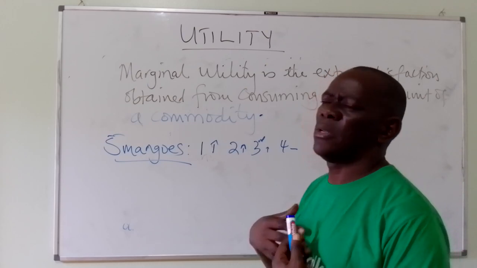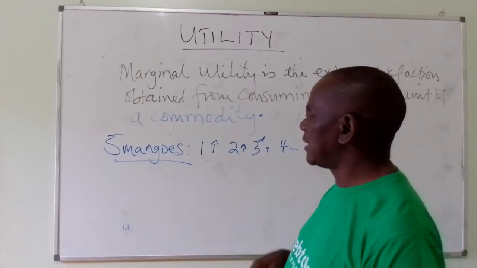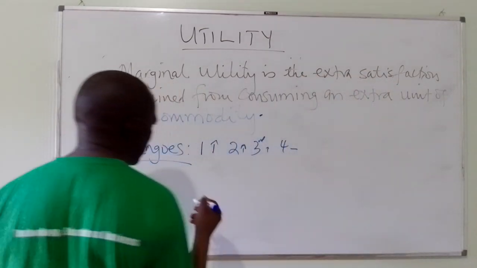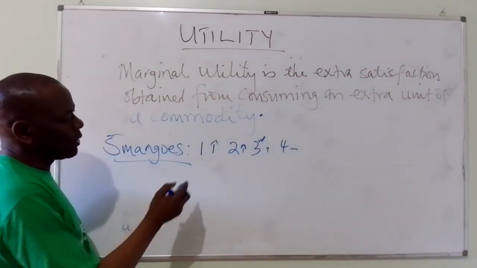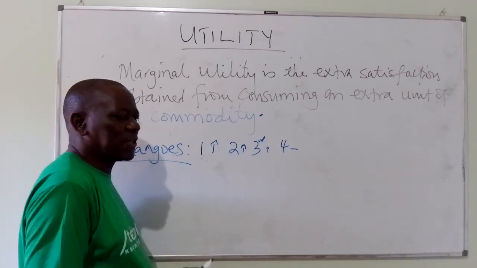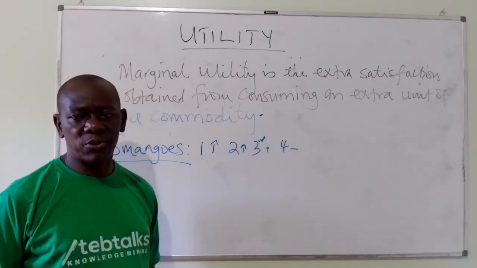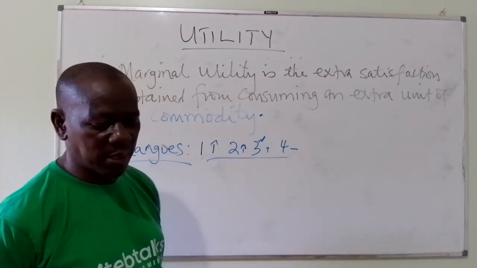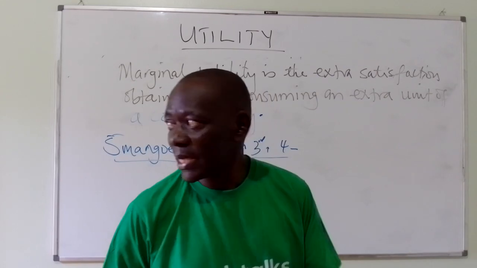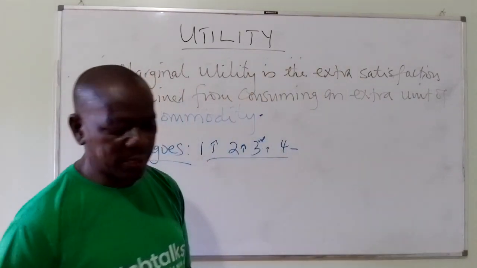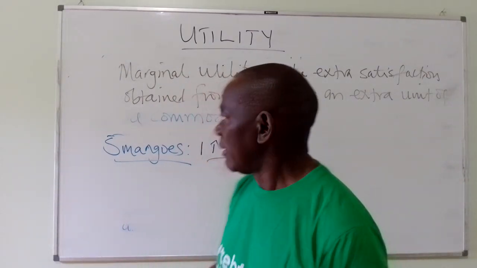That means the satisfaction keeps on going down. So when we talk of marginal utility, we are looking at the extra satisfaction you get from the extra unit you are consuming. This is very important in determining your behavior in the market where you are talking about a price.